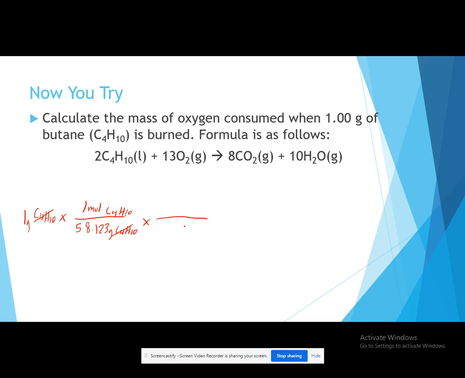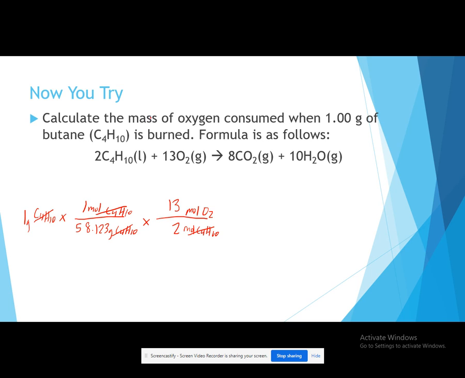I actually want oxygen. So I have to cancel out moles of C4H10, and I have to get to moles of O2. Now, again, I know that it's O2 because it comes from the equation, and again, that's one of those diatomic molecules. So then you look at the balanced equation and see that 13 is for oxygen, 2 here, and that cancels out moles of butane, leaves you with moles of oxygen.